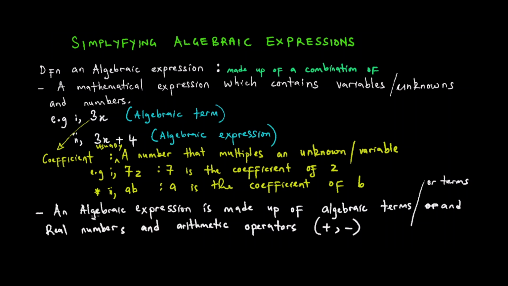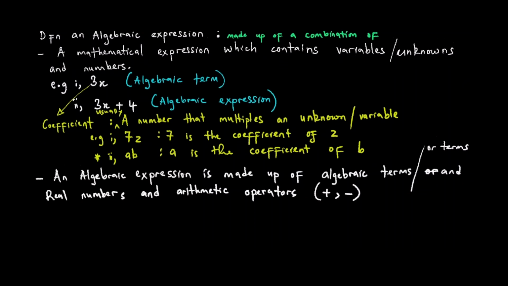The other important part of an algebraic expression is the arithmetic operator, plus or minus. So there is a plus here, or it could be a minus, for it to be an algebraic expression. Okay. Now I want to take you to something you should already know.